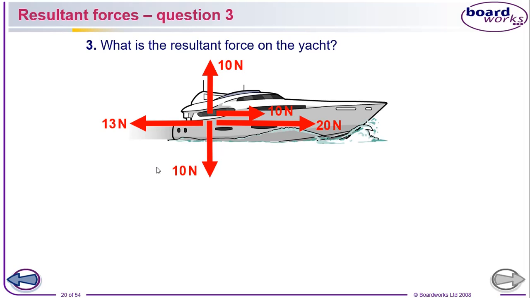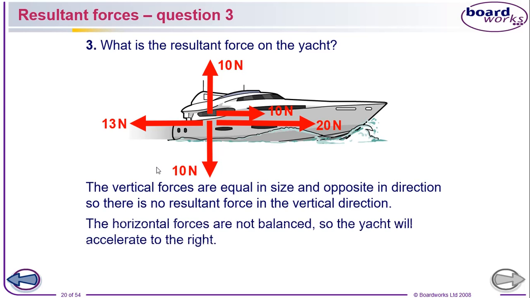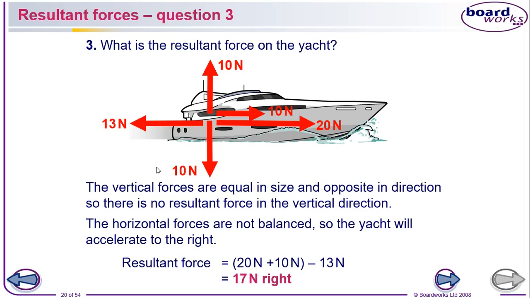While the upward and downward forces are exactly equal to each other, so there is no change in the height of this boat, so this boat will continue floating. All right, so again, this boat is going to speed up because it has more force towards the right-hand side, and the right-hand side is already the forward direction of the boat.